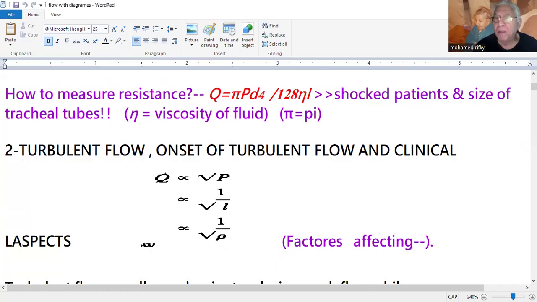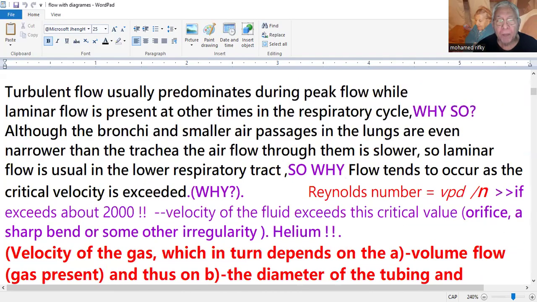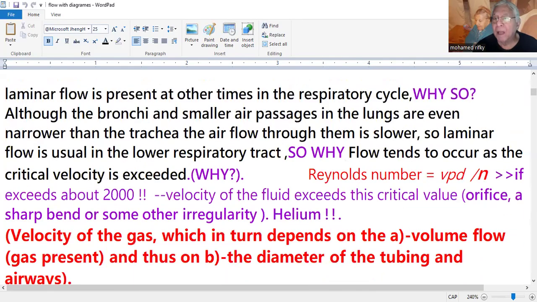Now we come to the turbulent flow, where we find that it is directly proportional to the pressure, inversely proportional to the length, and inversely proportional to rho. Rho is the figure of density. What are the critical aspects and the difference between both?